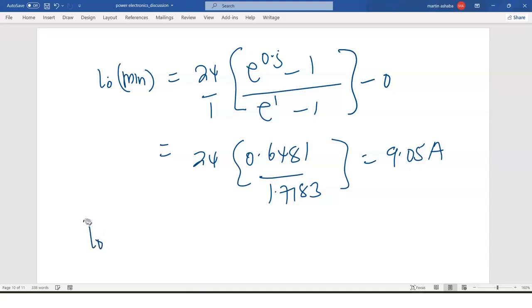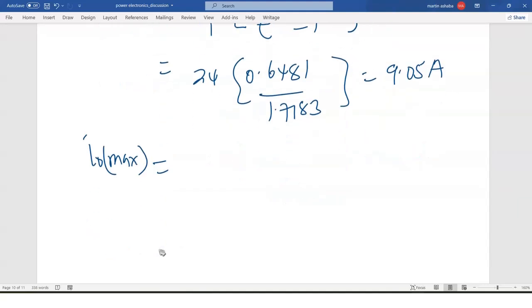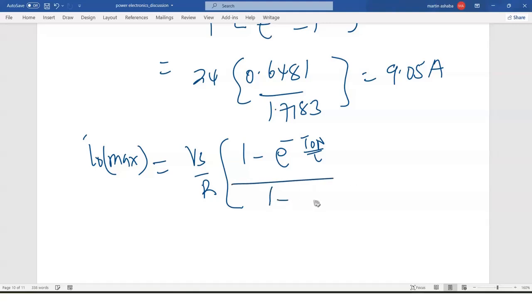So I naught max is going to be Vs divided by R into 1 minus exponential of negative T on divided by tau, divided by 1 minus exponential of negative T, which is the time period, divided by tau. Then minus E out of R, but we said this E is equal to 0.